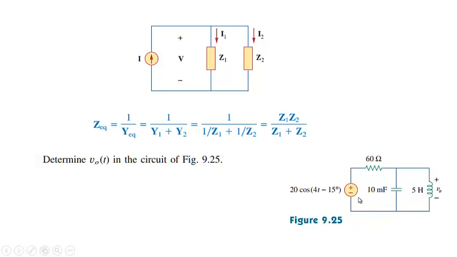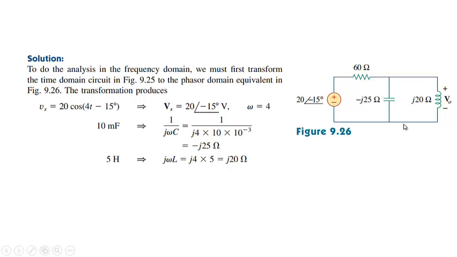I have to multiply by 4 to get omega C, and the inverse will be the reactance of this. When we multiply omega over here, it will be 4 into 5, that is 20. It will be the impedance of the inductor. So I have converted it into this. You can see it over here.